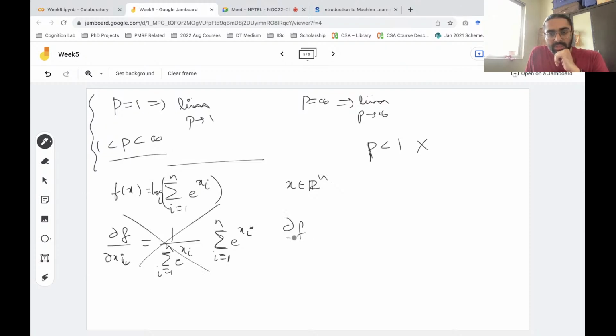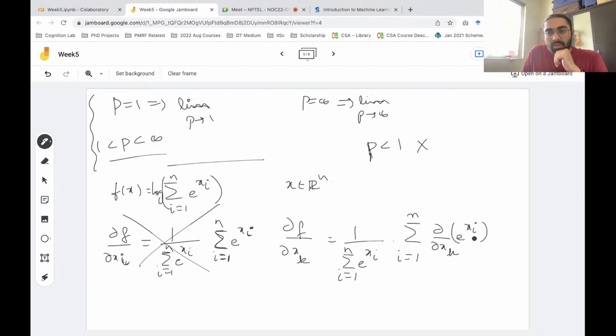What I personally do while solving such problems is take xk to be very safe. The derivative of log of anything is 1 by that thing, that is fine. Then this is the sum over i equal to 1 to n of the partial derivative with respect to xk of e to the power xi.